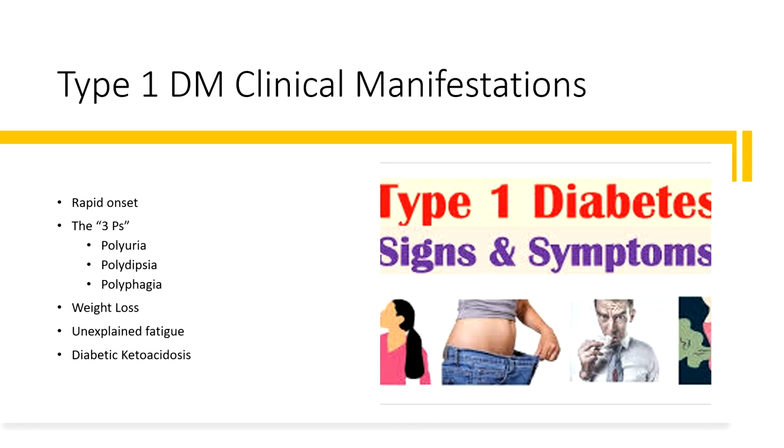In type 1 diabetes, basically, we have the three P's. So I explained to you earlier about how the polyuria occurs, right? The blood becomes thick with glucose, which increases the osmolality of the blood. And because of this thickness of the blood, right, the body starts to increase the production of urine.